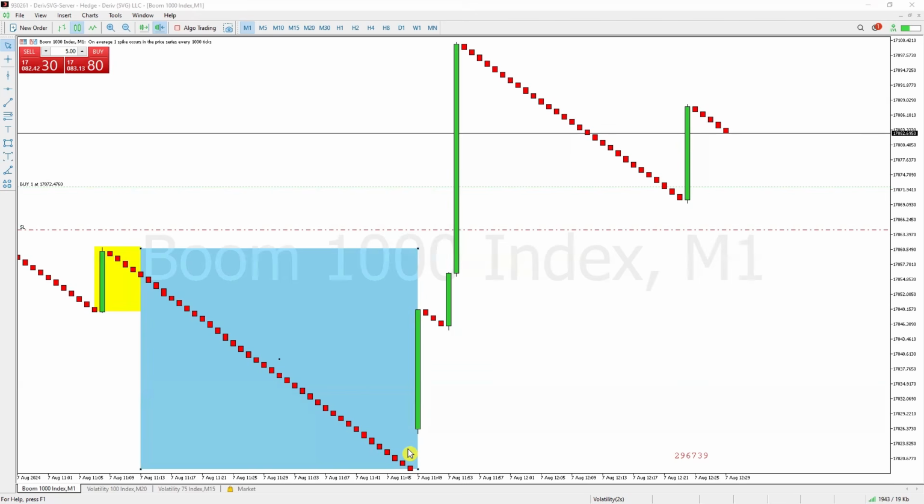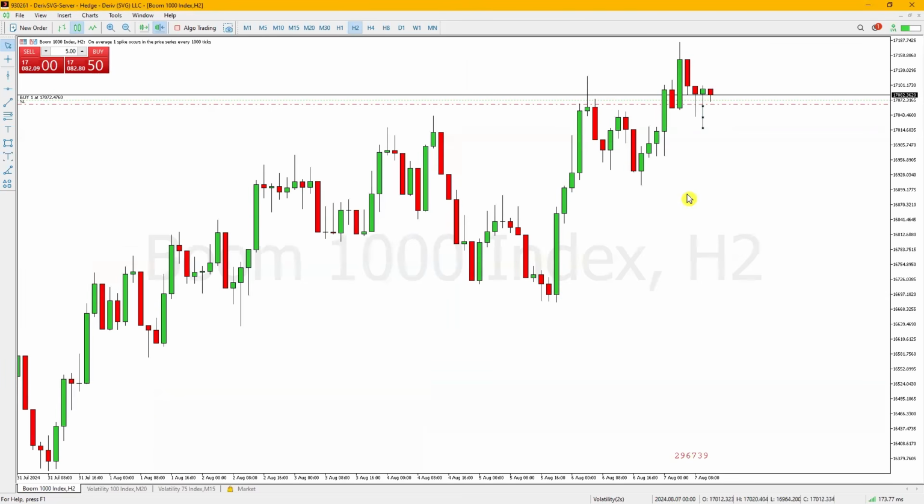That is the misconception, that we just want to catch spikes every time. The one thing that I've seen with the boom indices collectively is that if the higher time frame is in the direction of the spike, for example, the higher time frame, H2 here, there's a very nice pin bar.